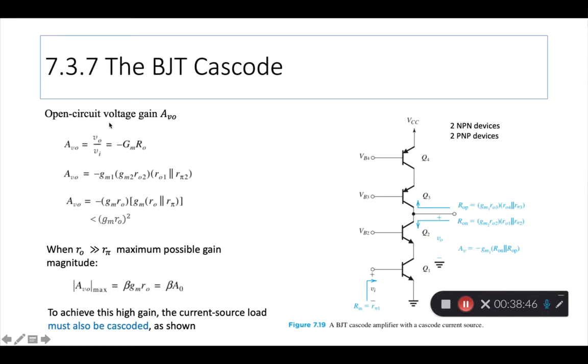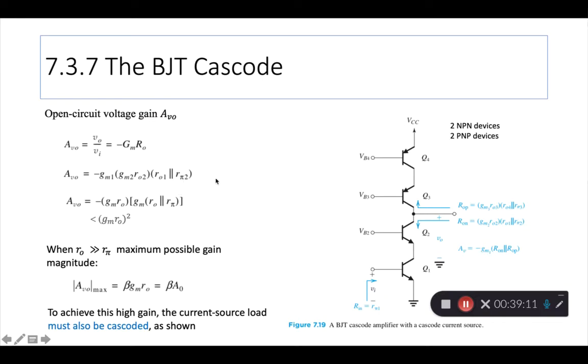Okay, so the open circuit voltage gain, AVO, for the whole combination, which is coming out here, is voltage out by voltage in, which is minus GM RO, and AVO is also this.